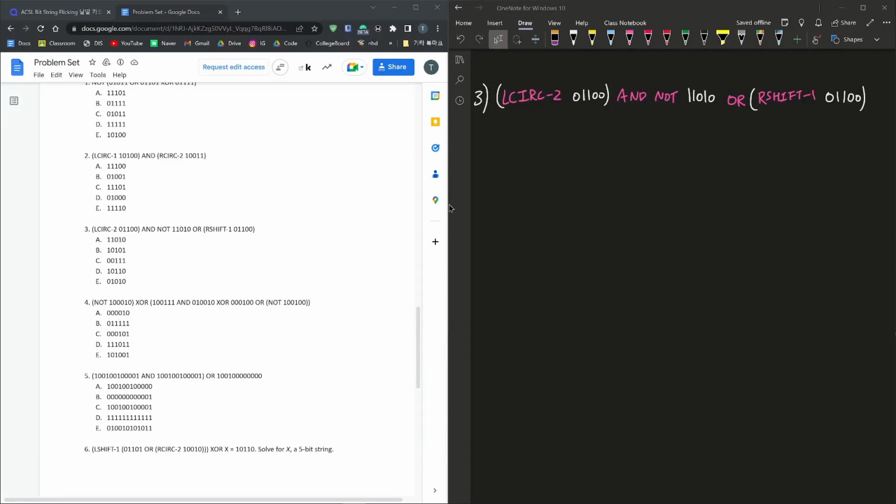Okay, problem number 3. We start with what's inside the parentheses again. So we have left circulate 2, 01100. By this point, we just know that 01100, we take the 2 digits from the left and move them to the right. Okay, we will replace this part with our output.